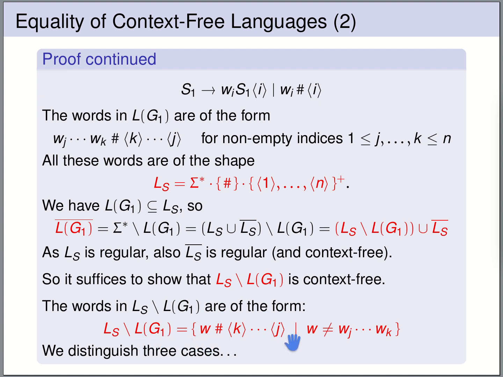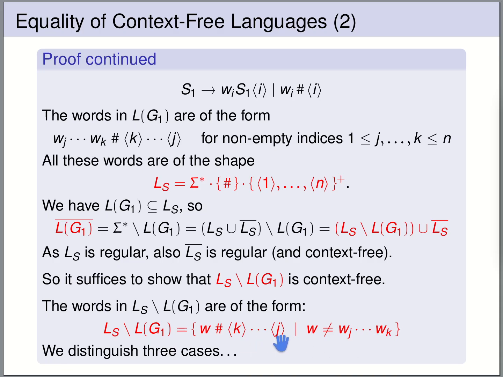They are not in the language of G1 if the word that we have here on the left is not the concatenation of the words wi that correspond to the indices on the right. So this word is not in the language of G1 if w is not equal to the concatenation of wj up to wk.